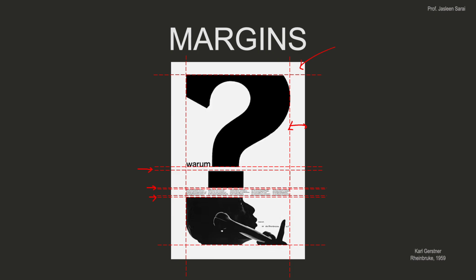So when you're looking at a magazine layout, for example, you're going to see a lot of margins. Here we have margins between all of these little paragraphs, and they're the same distance to create that regularity, right? It's a repetitive thing going on here, and it creates a nice composition.